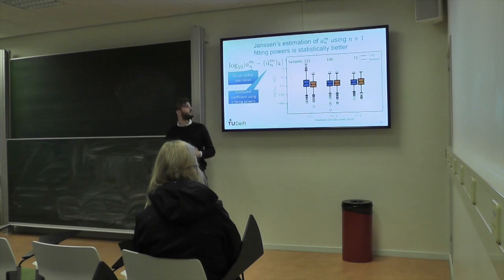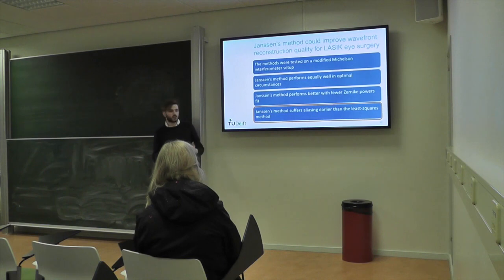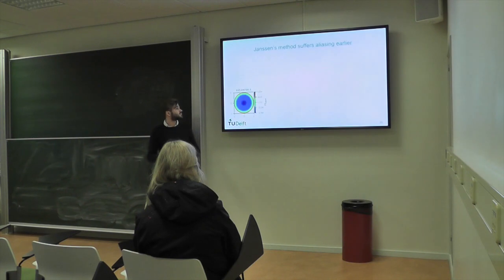Now that we've seen that Jansen's method does not suffer this crosstalk, I want to show you that Jansen's method suffers aliasing earlier than the least squares method, but I also want to argue with you that this should not be a problem from an engineering point of view.